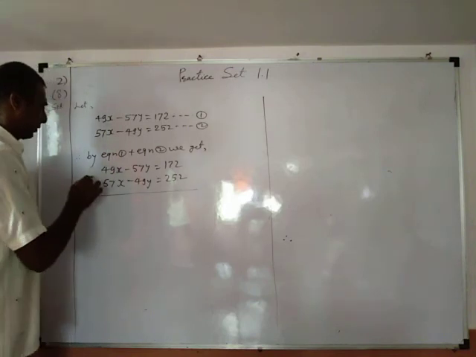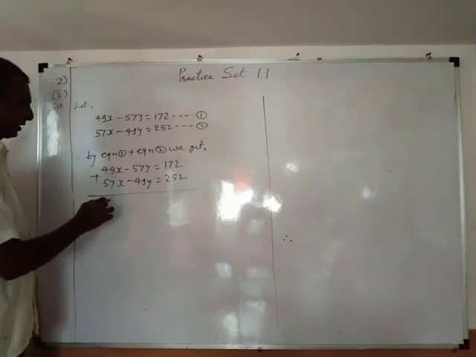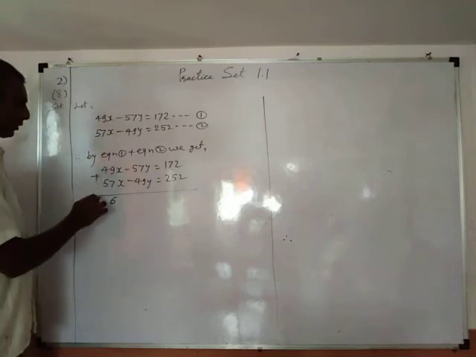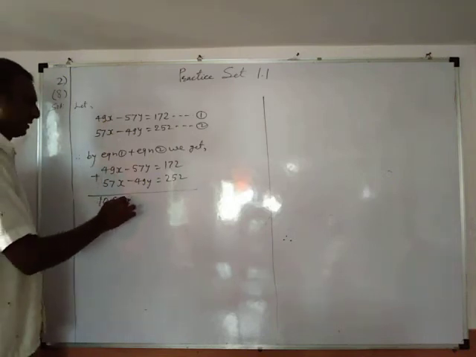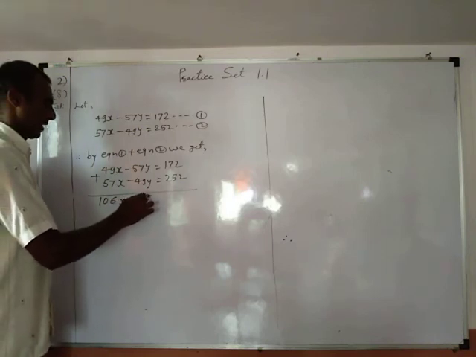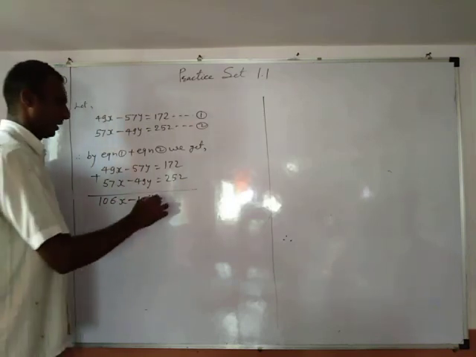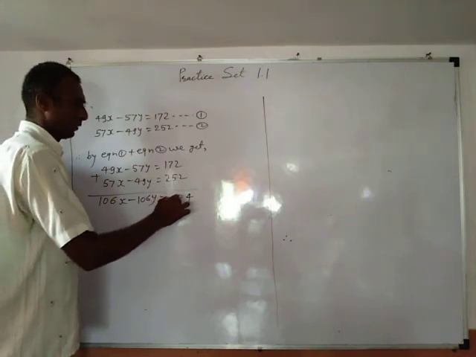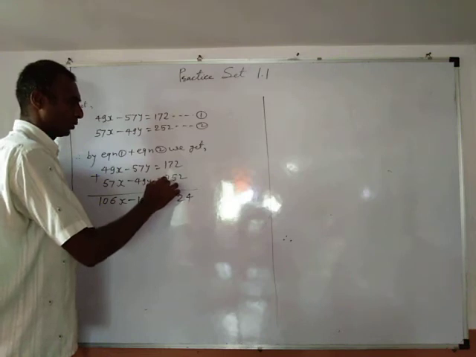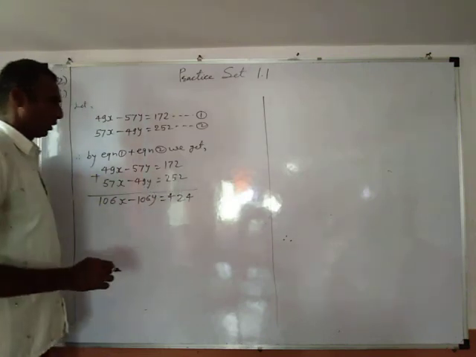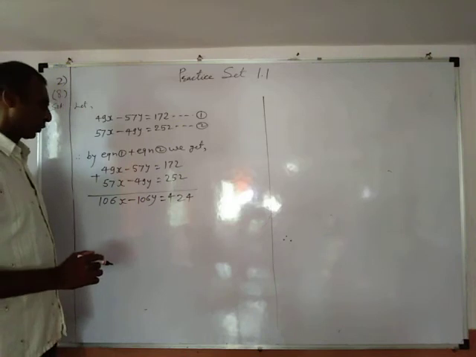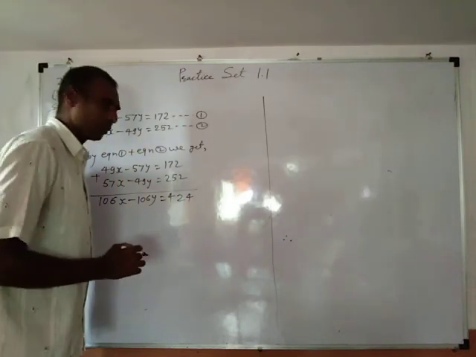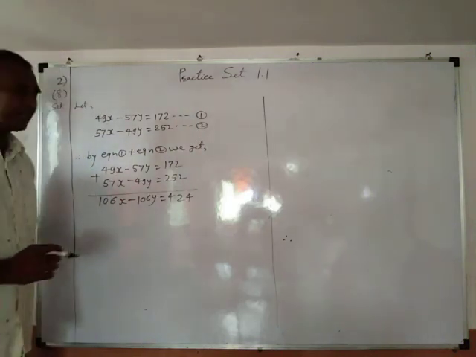On addition, let us see what we get. 9 plus 7, 16, carries 1. 1 plus 4, 5. 5 plus 5, 10. 106x minus 106y equals 2 plus 2, 4. 7 plus 5, 12, carries 1. 1 and 2, 3. 3 and 1, 4. 424, 106 and 424. These are multiples of 106.